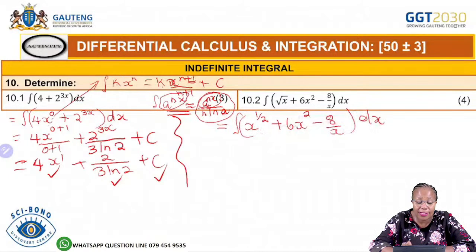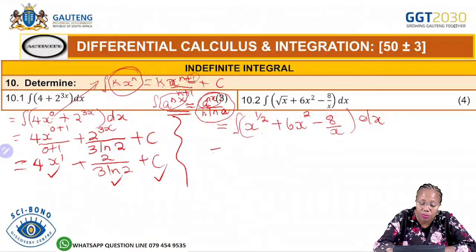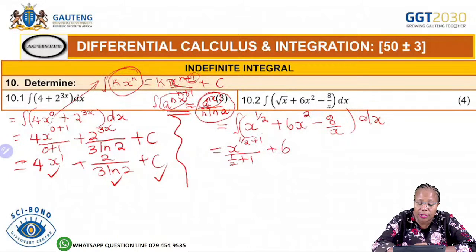Can you see the first and the second ones are related to that type, where you add 1 to the exponent and then you take it to the denominator? So that means it will be x to the power half plus 1, and whatever exponent you have is your denominator there. The same applies to the second one. You leave 6 for k, and then you add 1 to the exponent, and the denominator will be 2 plus 1.